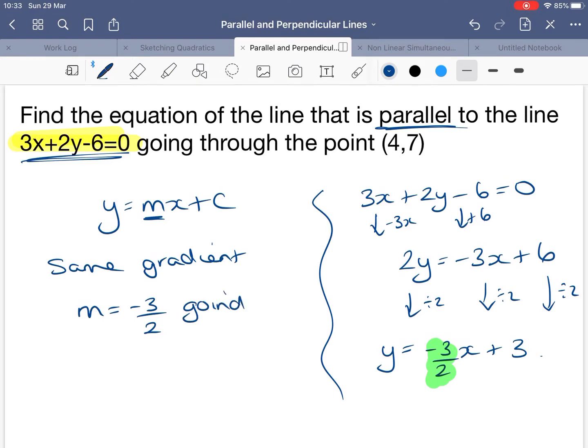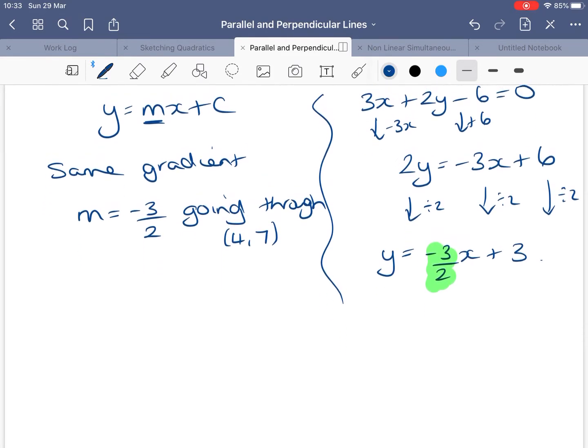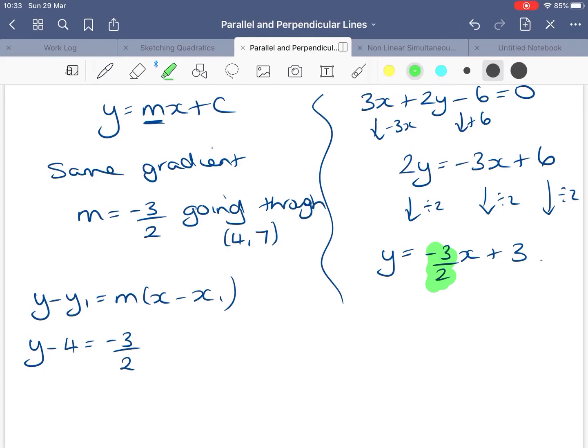And this line goes through the point (4, 7). So now, using my y equals mx plus c, or if you wanted, you could use your y minus y1 equals m(x minus x1). Let's do that one for a change. So I'd have y minus 4 is equal to minus 3 over 2, because that's the gradient. I'll tell you what, I'll do a bit of highlighting here.